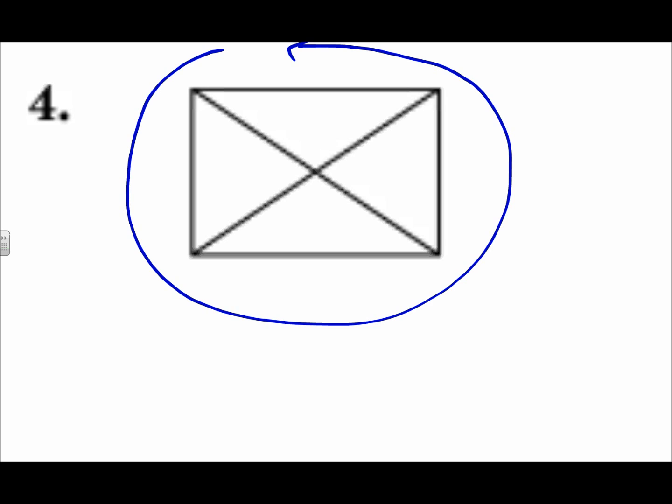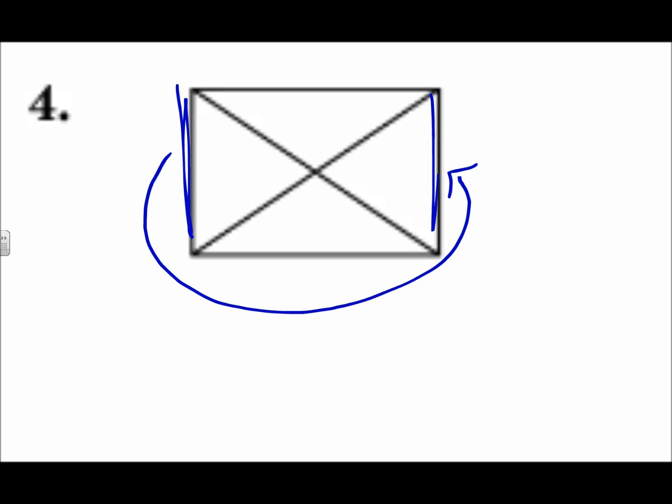And the answer is yes. As this is rotating, this side here, when it moves around, will line up with this side here, and the top will line up with the bottom. So yes, this does have rotational symmetry.